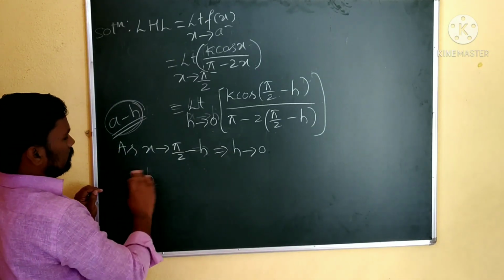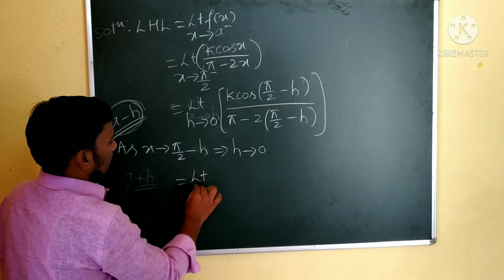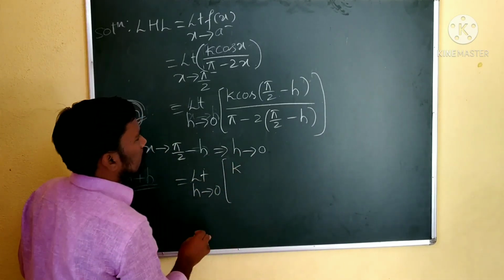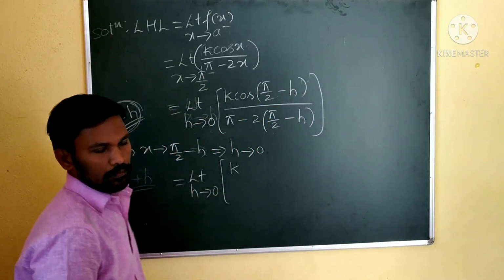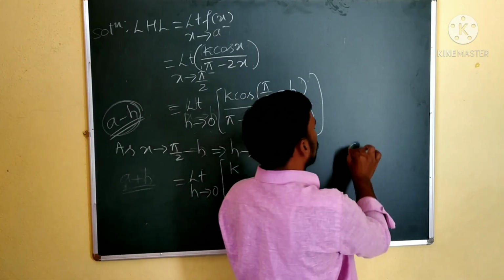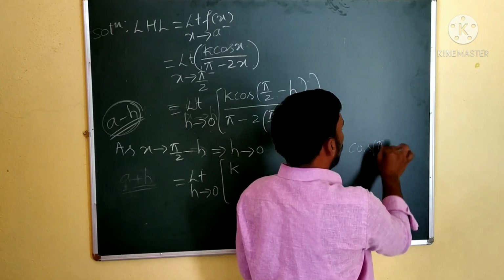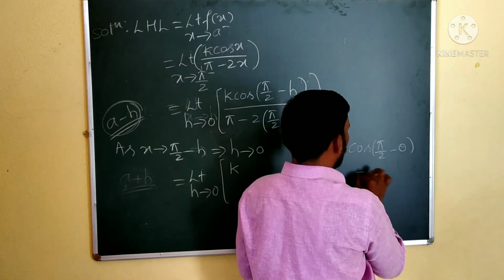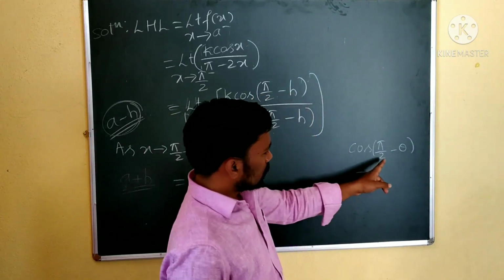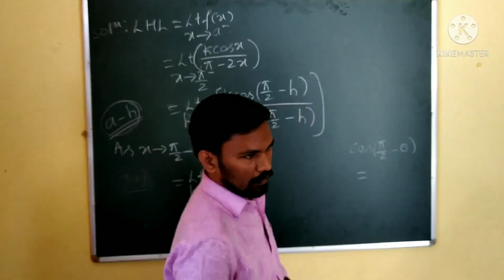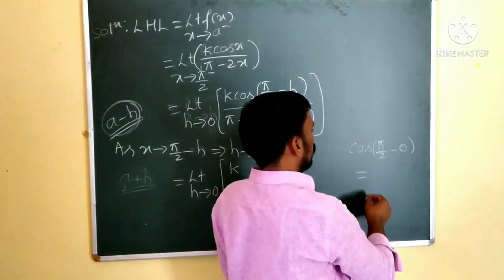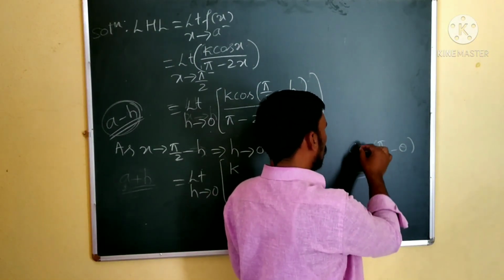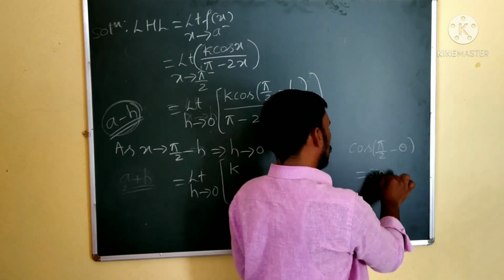Now limit as h tending to 0, k as it is. Identity: cos of pi by 2 minus theta. Because of this pi by 2, if you have odd multiples of pi by 2, like 3 pi by 2, then you have to change the function: cos becomes sin.